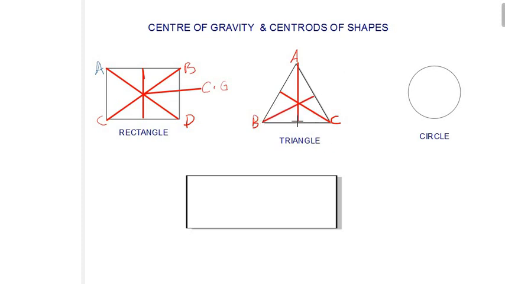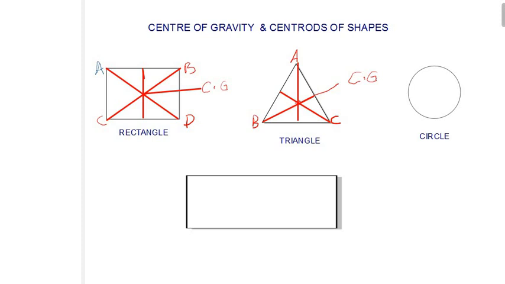The point of intersection of these three lines, from A, from B, and from C, is what we call the CG. This is where the CG of this body is expected to be.